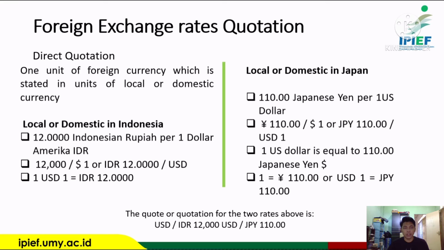For another example, in Japan the currency is the yen, so $1 is equal to 110 Japanese yen. The quotation for the two rates above is USD over 12,000 rupiah and USD over 110 yen.